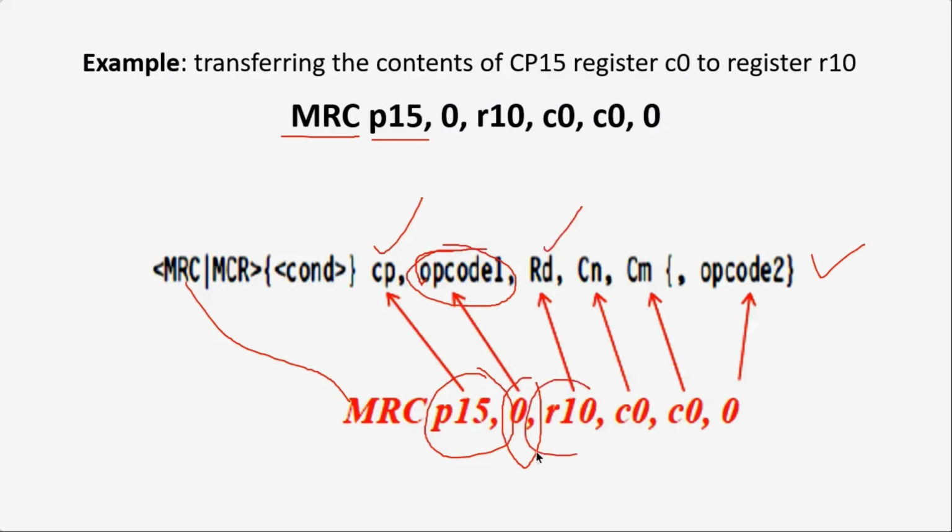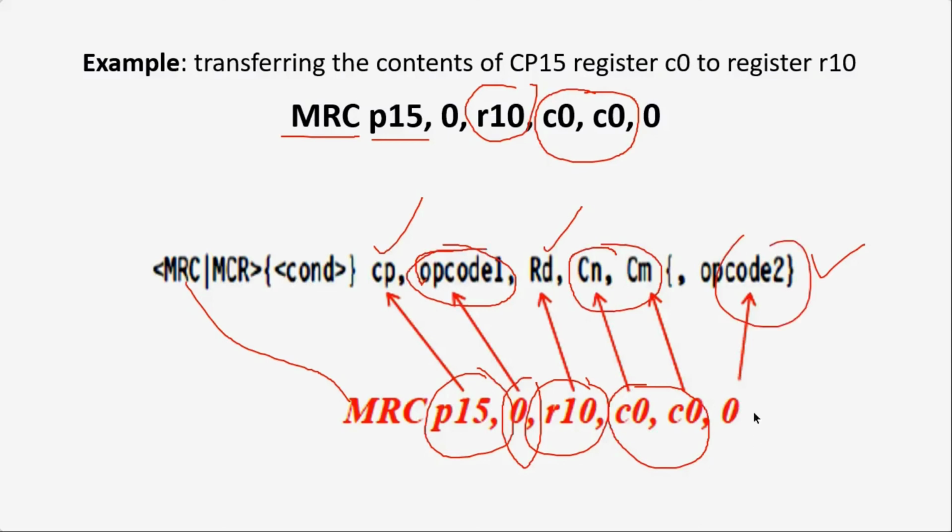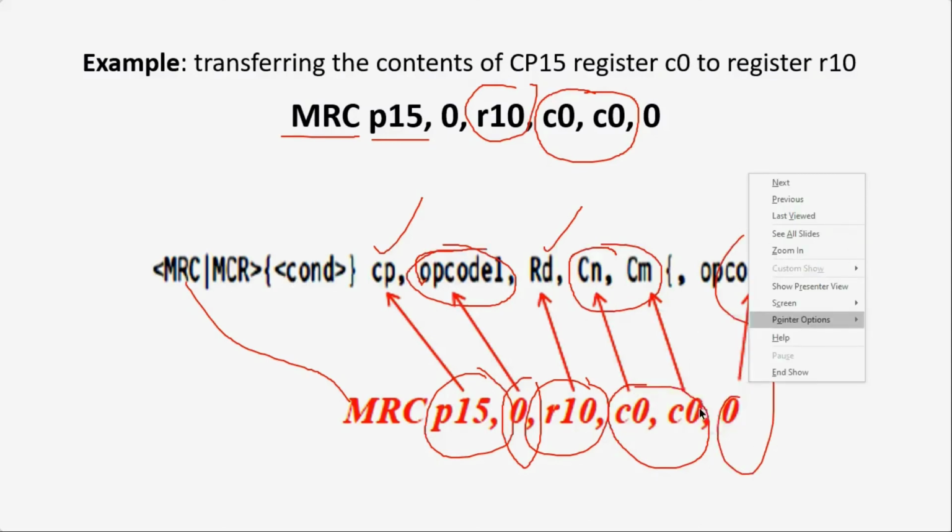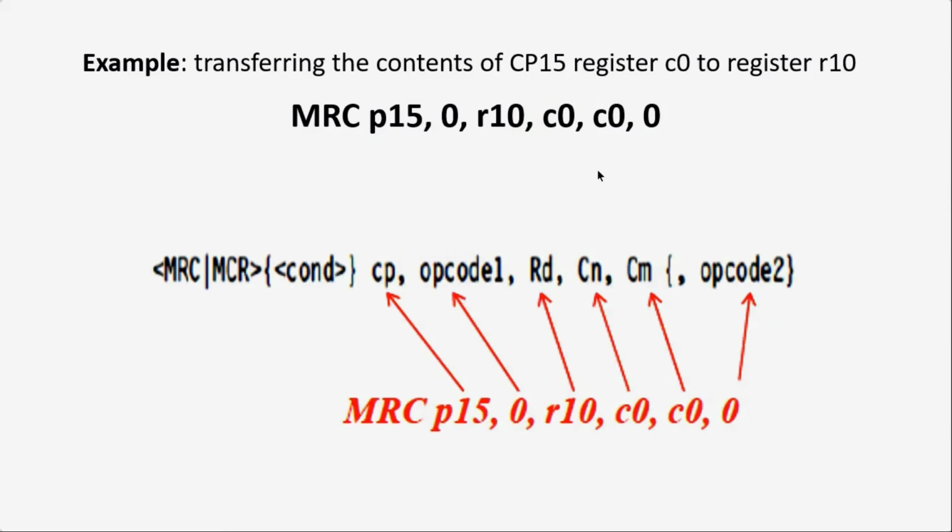Then destination R10, I have written the same instruction twice. Then two registers we have to mention. We mention both the same register because we want to copy data from C0 itself. So both registers we have written C0. And then opcode 2 is also 0, there is no opcode. So this is the comparison of syntax and example: copying data from the C0 register of coprocessor 15 into the R10 register of the main processor ARM.